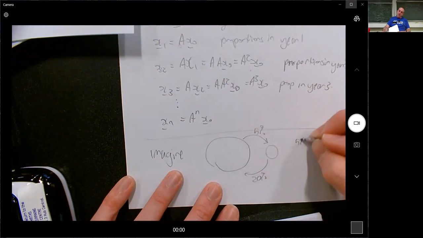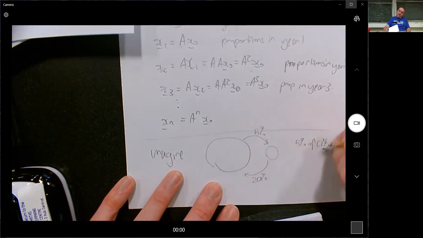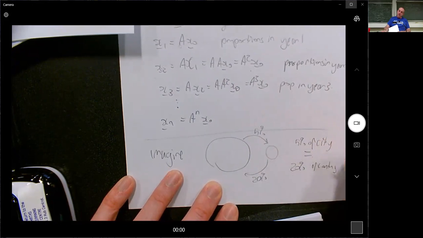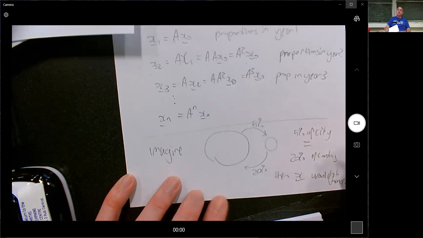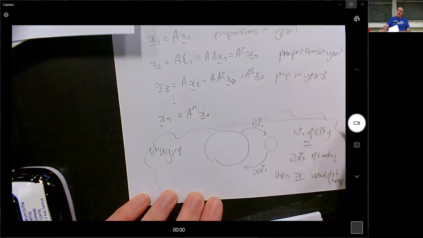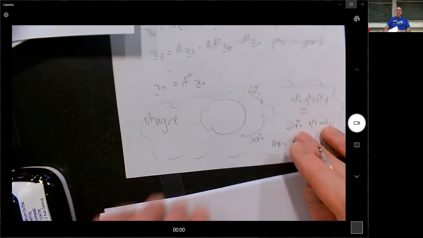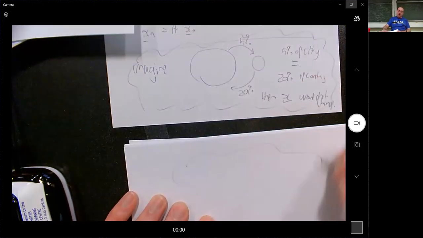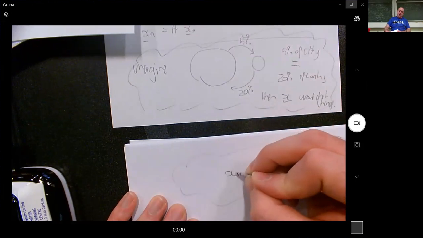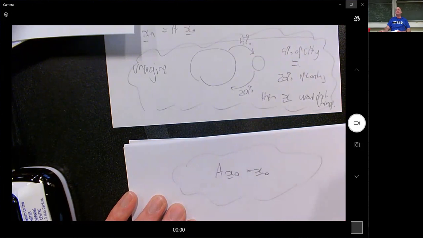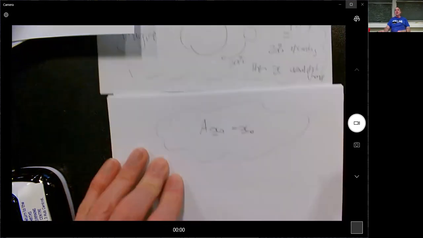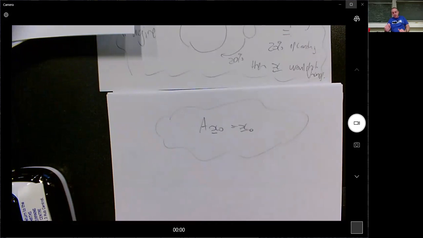Imagine what if 5% of the city was the same as 20% of the country, then the proportions wouldn't change. That's what we're imagining. And in that imagination, if the proportions didn't change, you would get x naught and you times it by A and it would still be x naught. It'd still be the same answer as it was before.